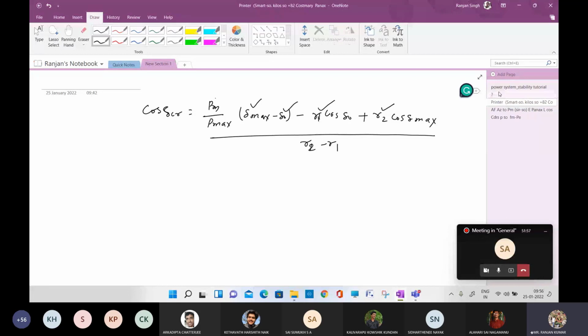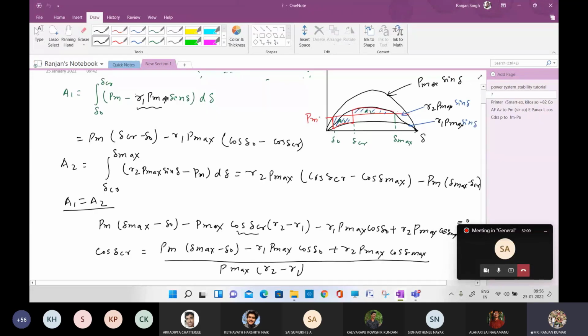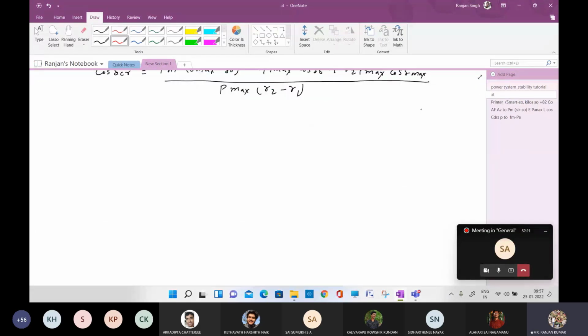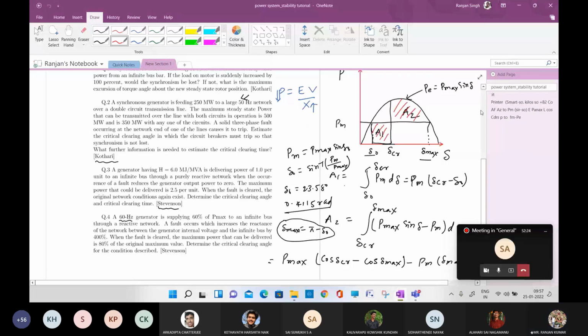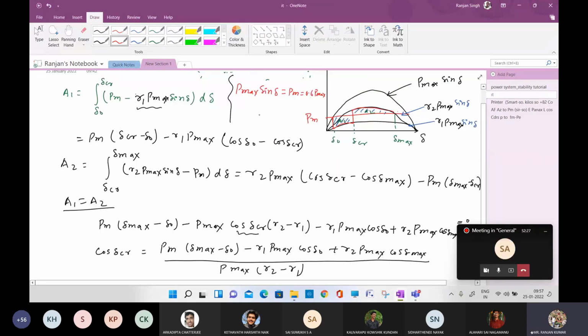So from that equation, that curve, what is Pm? You can write P max sin del equals Pm. It is saying 60% of P max in the question, so Pm by P max is equal to 0.6.